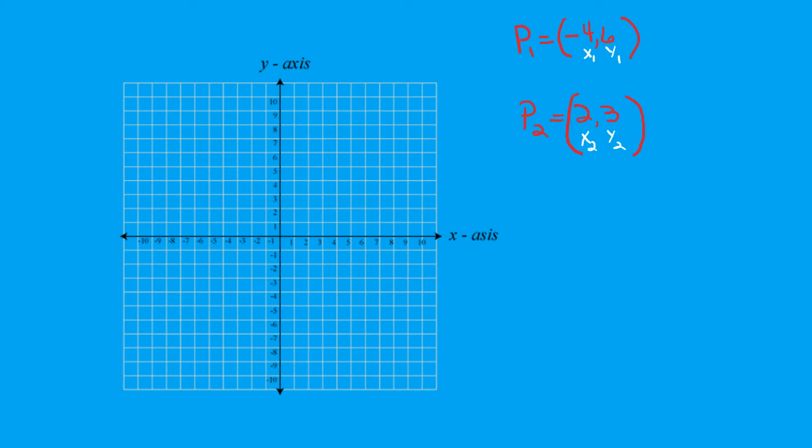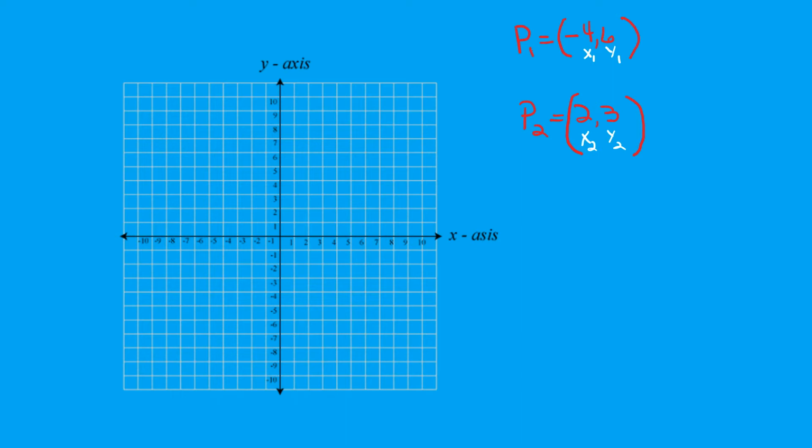Now, I am not going to reiterate this lesson. The only thing that I'm doing now is showing you the coordinates and the line segment. As you can see, point 1, or should I say P1, is equal to -4 and 6.